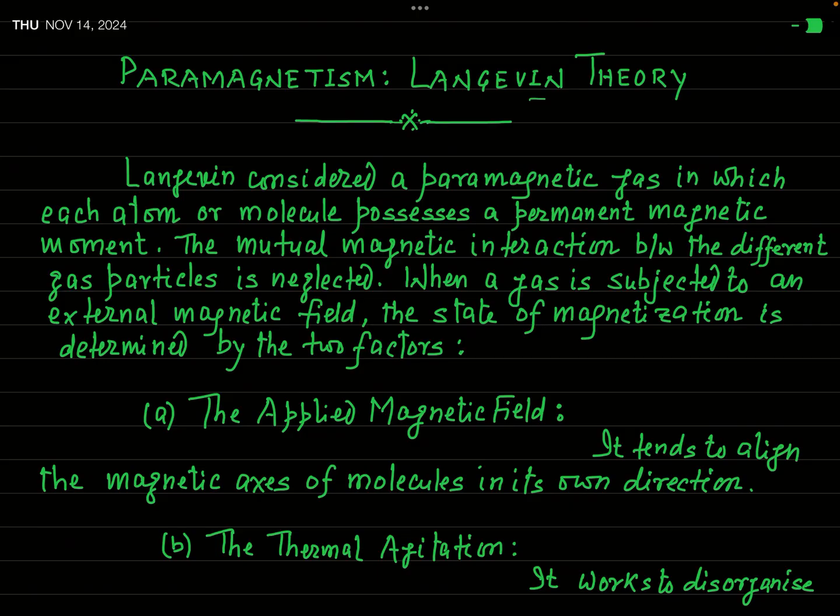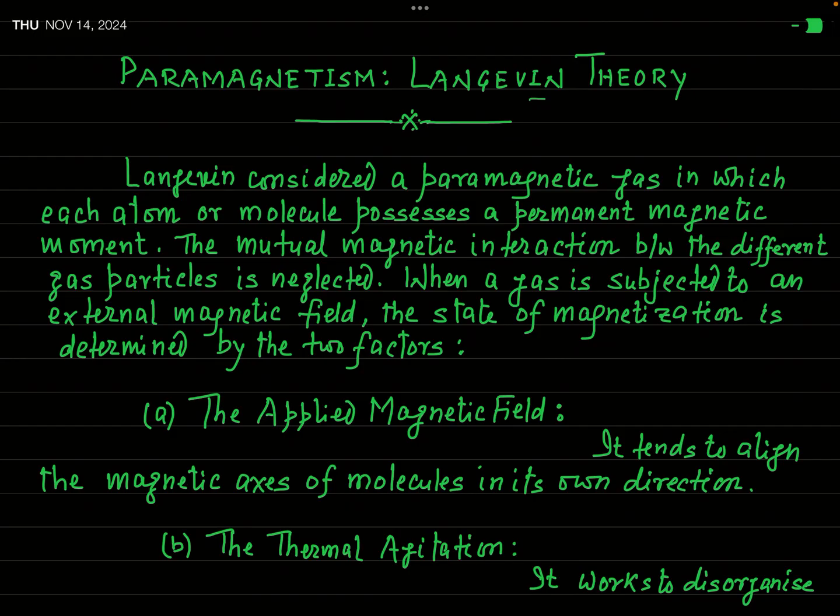Whenever you talk about a paramagnetic material, what does it mean? It means the paramagnetic material has permanent dipole moment. The atoms or molecules of a paramagnetic material already have intrinsic magnetic dipole moment.